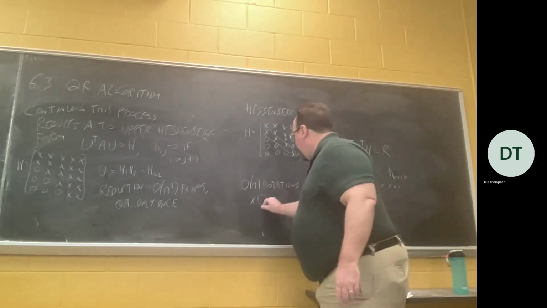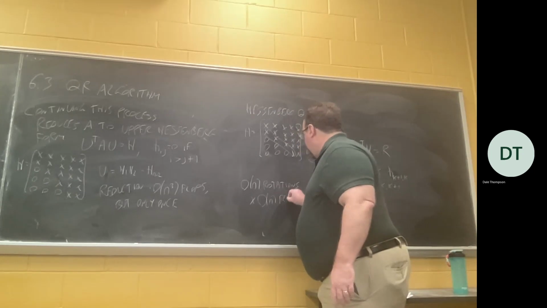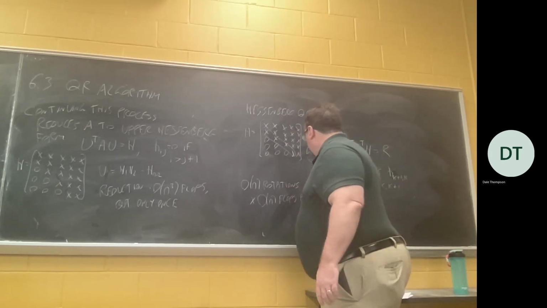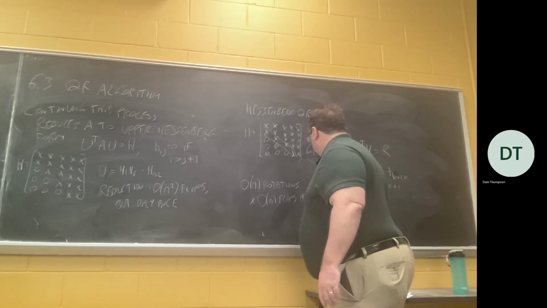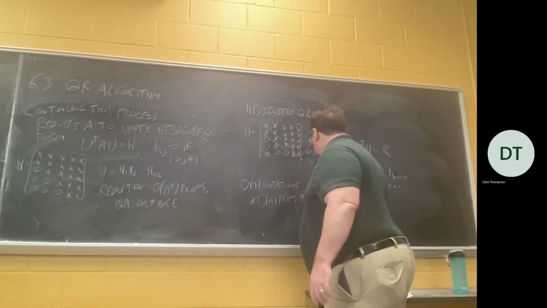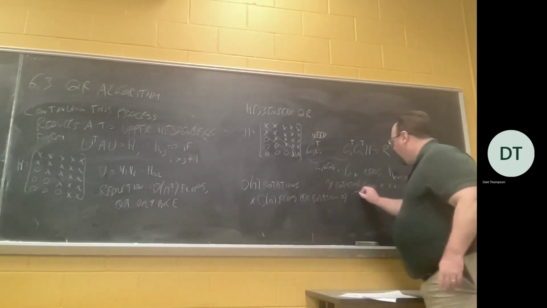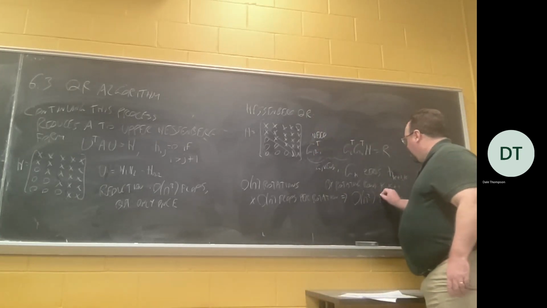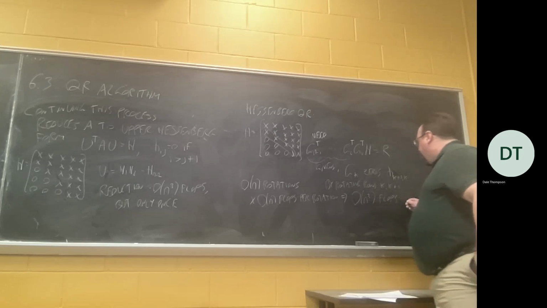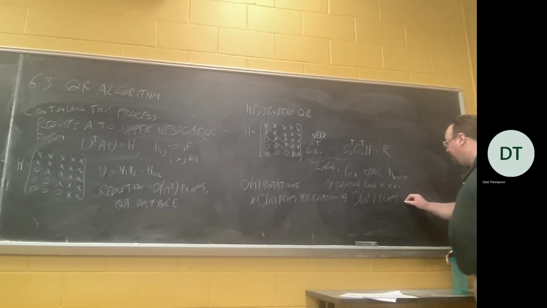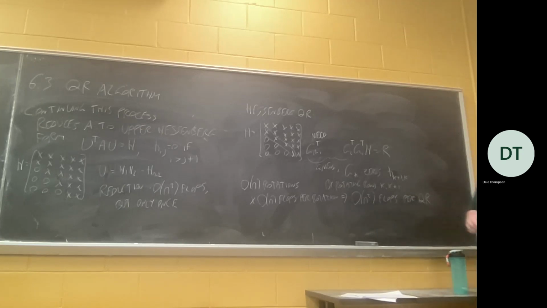So order n flops at most per rotation. So in total, computing the QR factorization of a Hessenberg matrix requires order n squared flops instead of order n cubed.